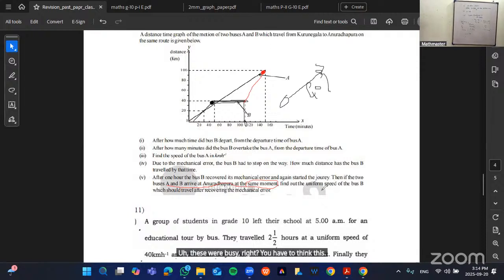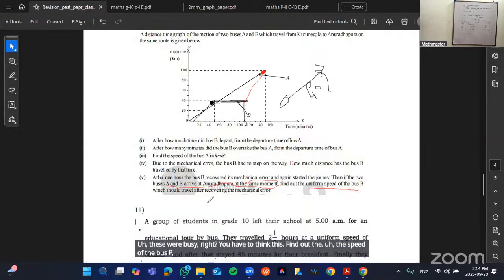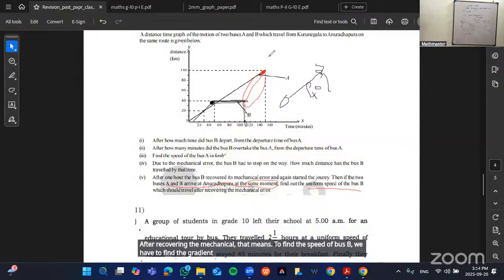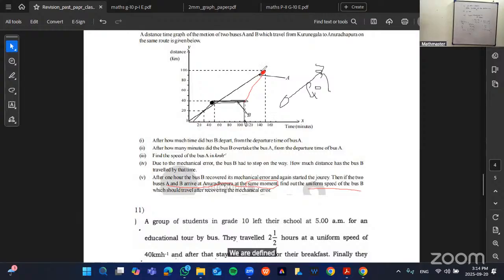Find out the speed of the bus B, which should travel after recovering from the mechanical error. That means to find the speed of bus B, we have to find the gradient of this part of B, this line of B. Why?